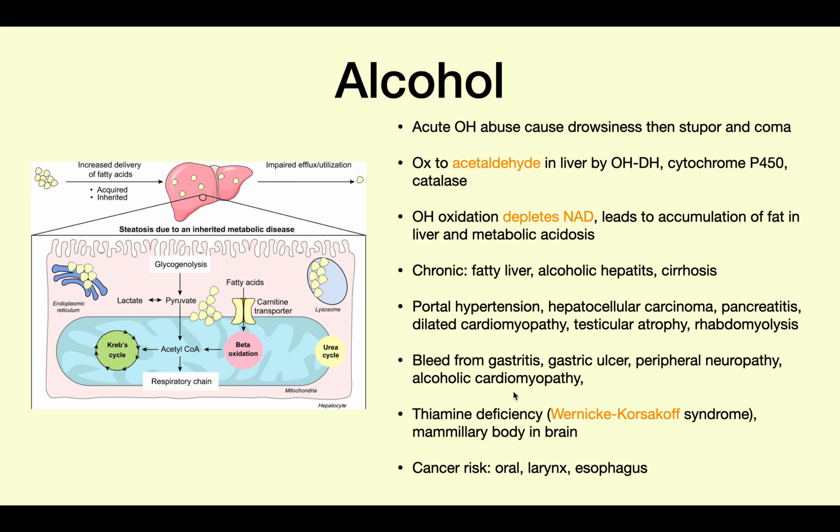There's going to be cardiac myopathy. And there's thiamine deficiency because alcoholics don't eat. Alcohol is empty calories, it's just sugar. So there's going to be Wernicke-Korsakoff syndrome. We've covered that before. And these inclusions called mammillary bodies, they're going to be in the brain. Cancer risk, oral, larynx, and esophagus.